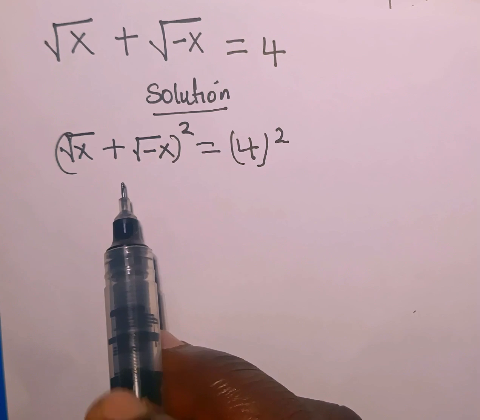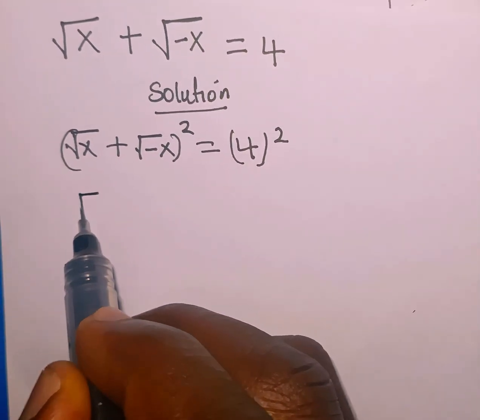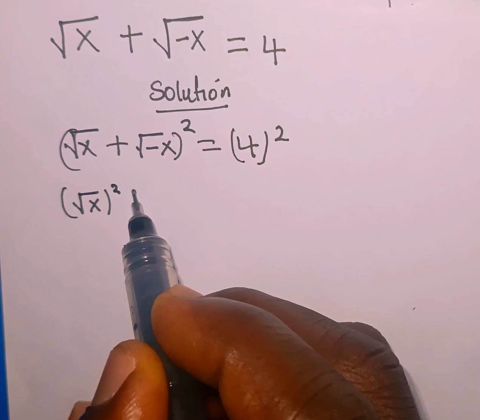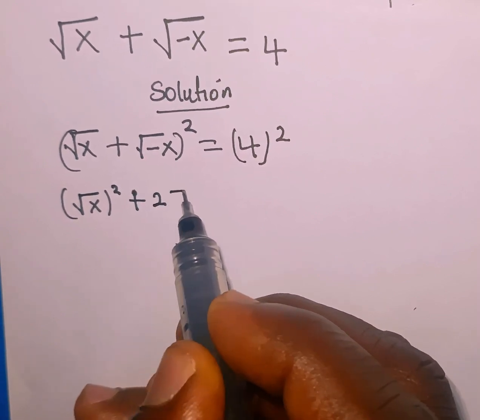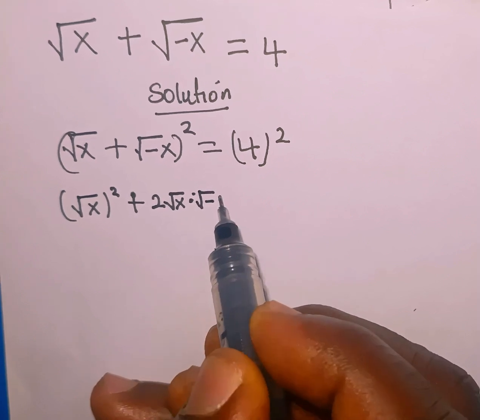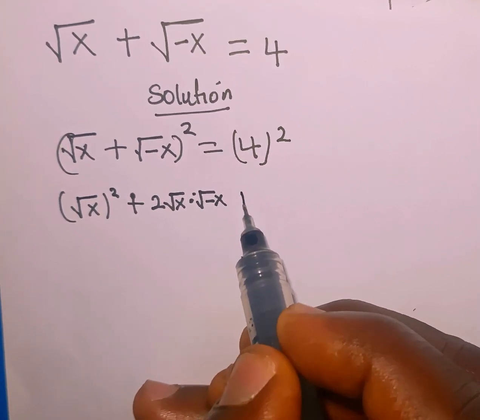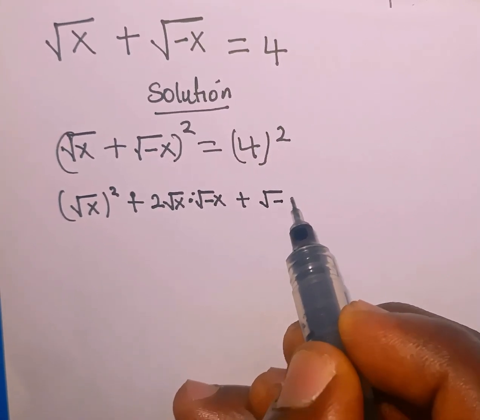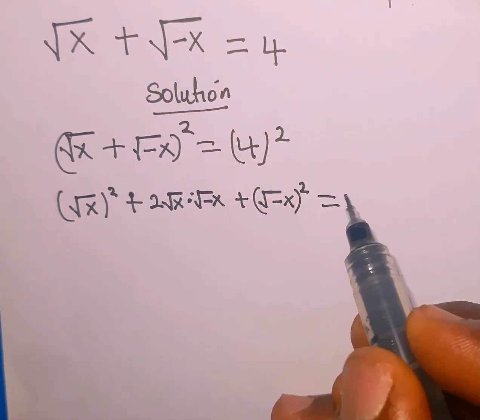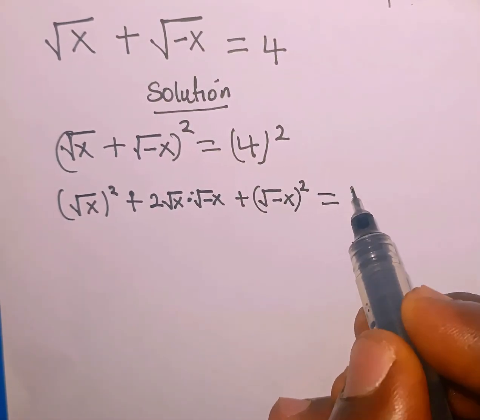When you do the expansion, we're going to have square root of x all squared, plus 2 multiplied by square root of x, multiplied by square root of minus x, plus square root of minus x all squared, which is the same as 4 squared, implying 4 multiplied by 4, which is going to give us 16.